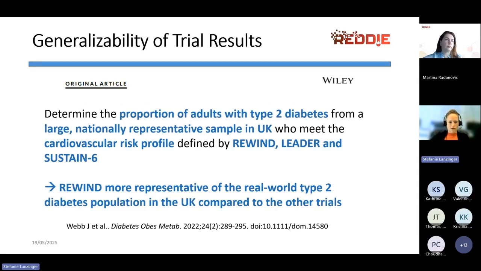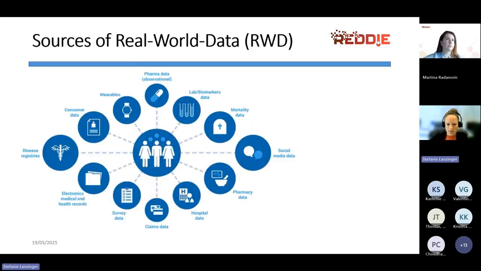And one of the main results of this publication was that REWIND represented the most generalizable population, the more representative population of the real-world type 2 diabetes population in the UK compared to the other trials that were investigated in this article.